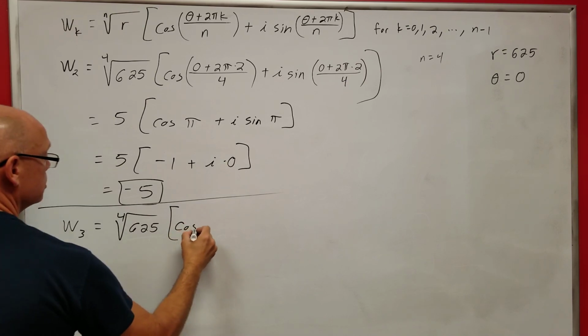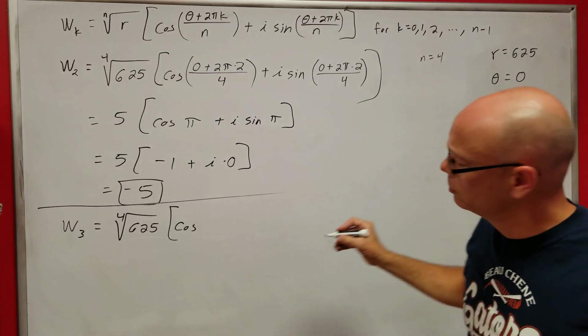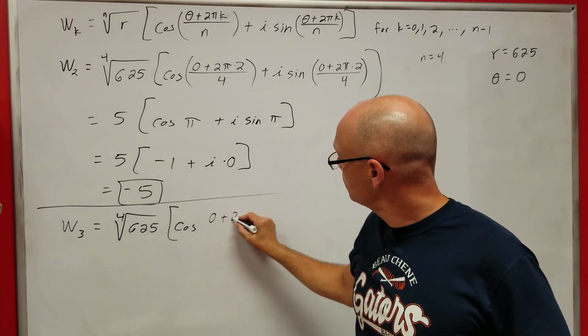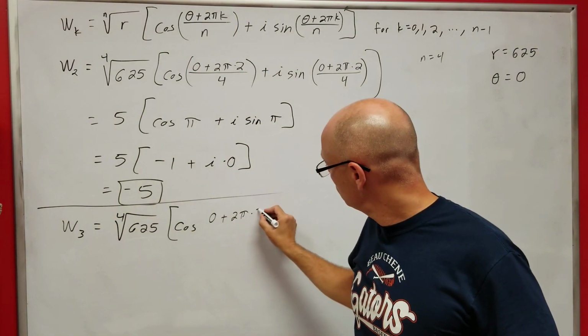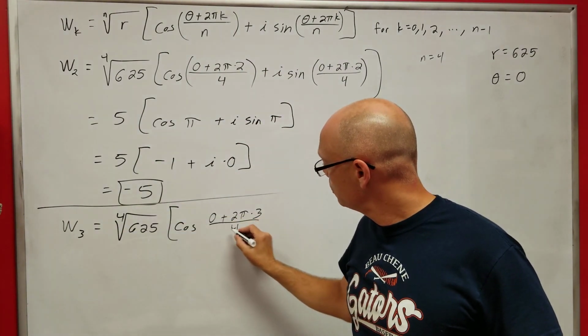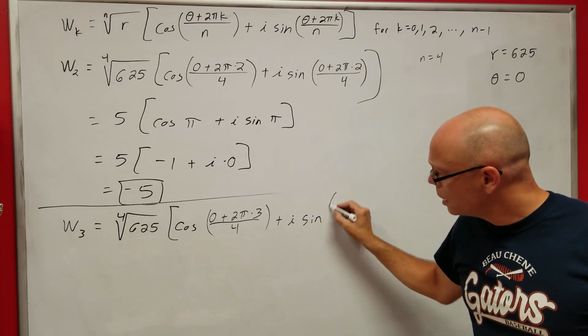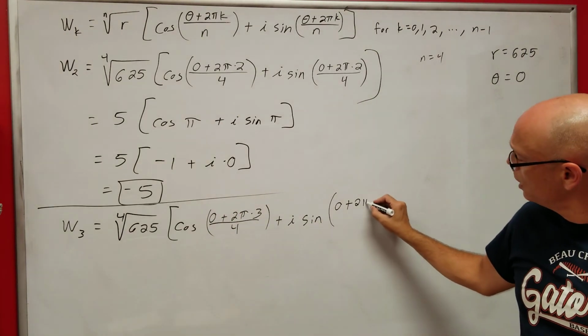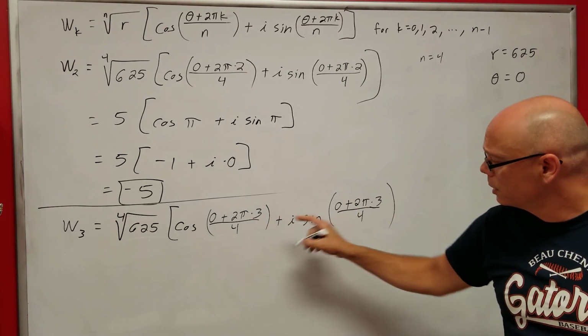Cosine of theta, which is 0, plus 2 pi times k. What is k in this example? 3 over n, which we said was 4, plus i times the sine of the same argument. 0 plus 2 pi times 3 over 4. Same argument as that.